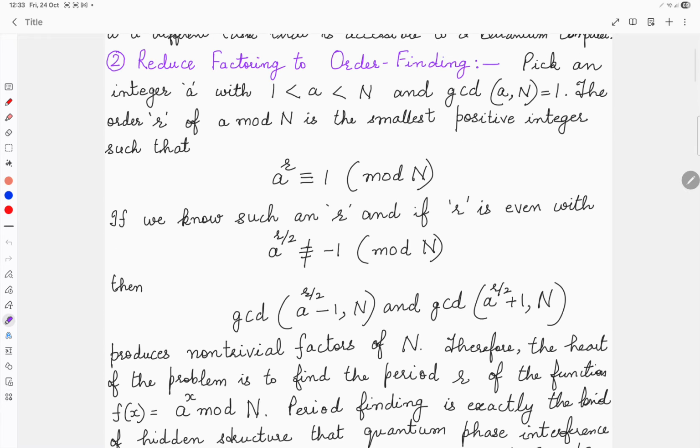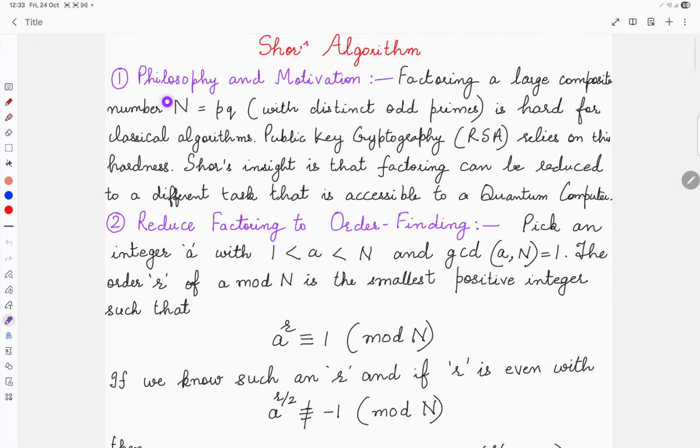Like for example, our problem at hand. This is the composite number, and it can be expressed as a product of two prime numbers, odd primes. So this is actually the problem.